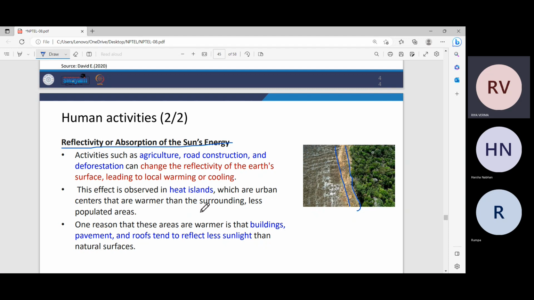One reason why these areas are warmer is that buildings, pavement, and roofs tend to reflect less sunlight and absorb more sunlight than the natural surfaces.